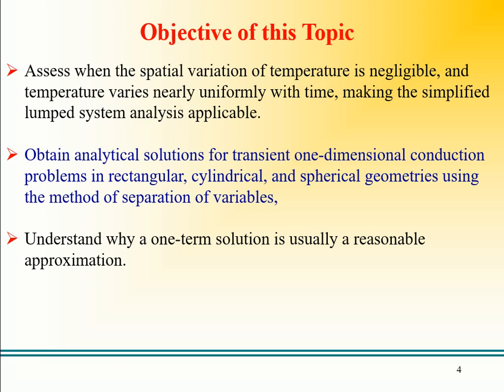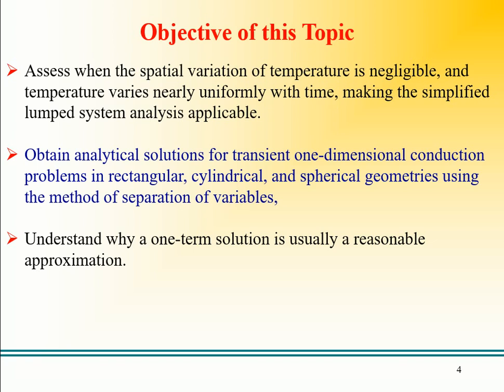Obtain an analytical solution for transient one-dimensional conduction problems in rectangular, cylindrical and spherical geometries using the method of separation of variables. In this chapter we discuss transient one-dimensional heat transfer in different shapes, especially rectangular, cylindrical and spherical geometries.